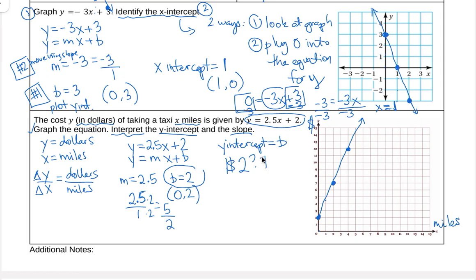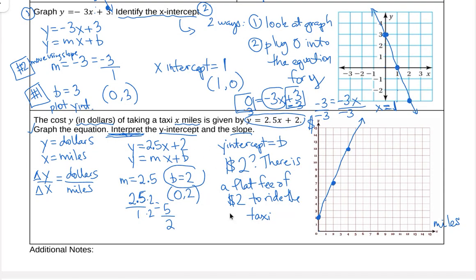It means that there is a flat fee of $2 to ride the taxi, which means I have gone 0 miles, but by just getting inside the cab, I owe the driver $2 as just the base fee, and then from there I will owe more based on how many miles I drive. Okay, so that's what this means. When we say interpret, that means to define, explain, okay?